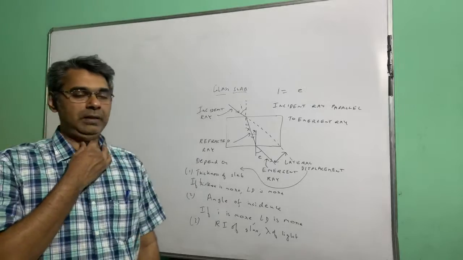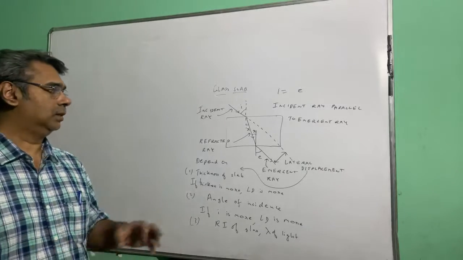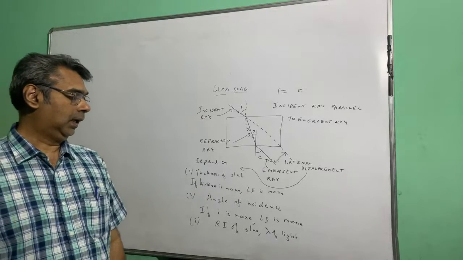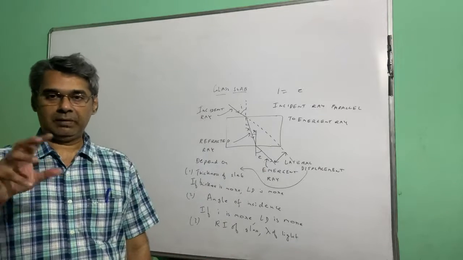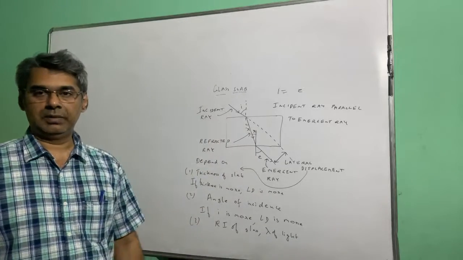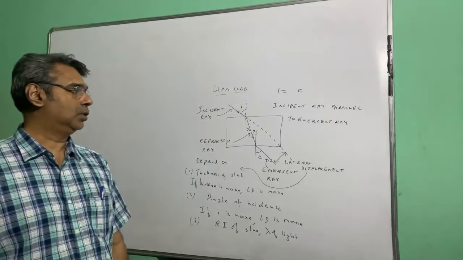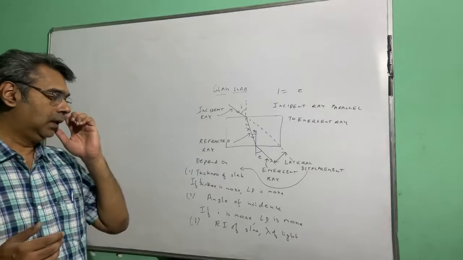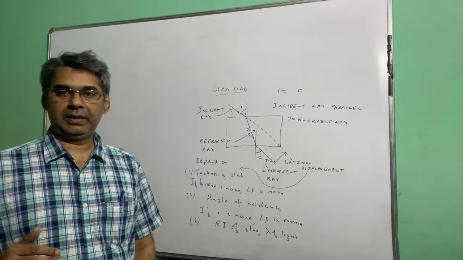And by the way, if you keep a particular glass, you don't change the glass, then the refractive index will be of that particular glass, so that's fine. But you may want to change the color which is falling on the glass slab. So remember that among the 7 colors, red has the highest wavelength and therefore the lowest refractive index.